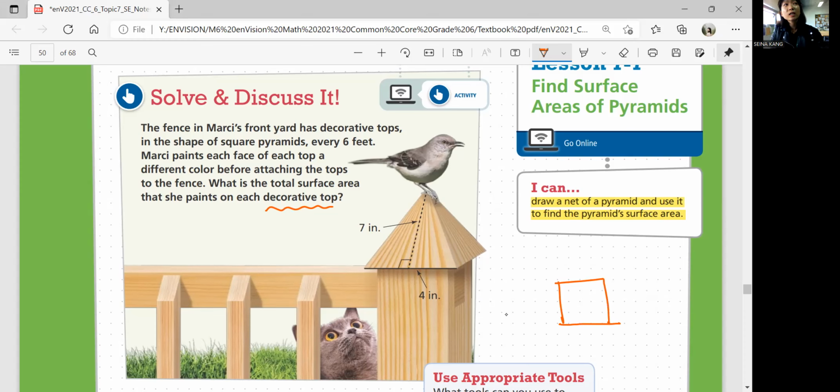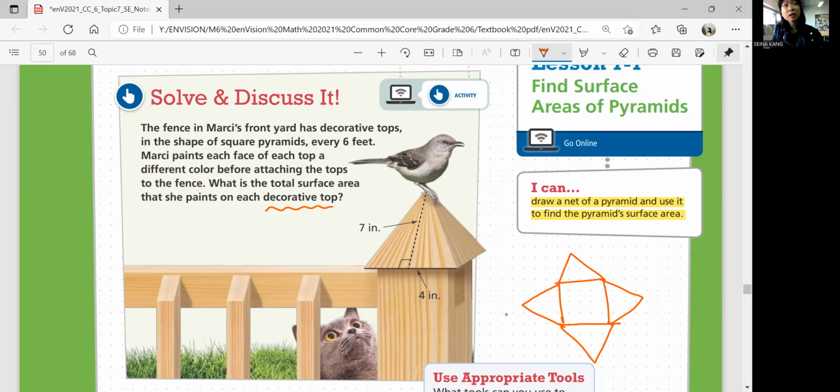Oh, before attaching the tops. So she'll probably paint the base as well. So we're just finding the surface area for all the areas we can see. Okay, so this could be the net of this pyramid when it's flat.